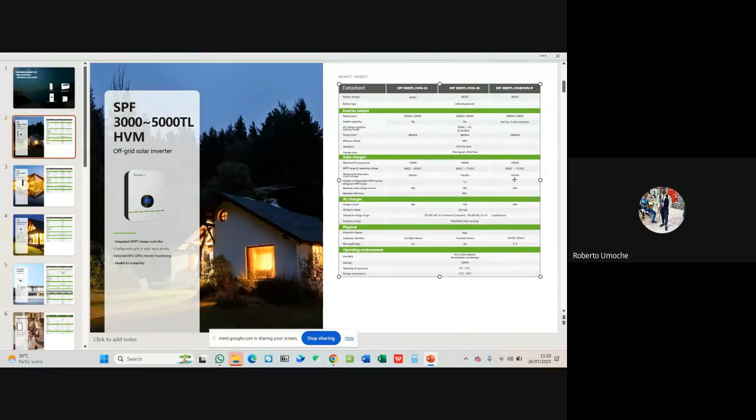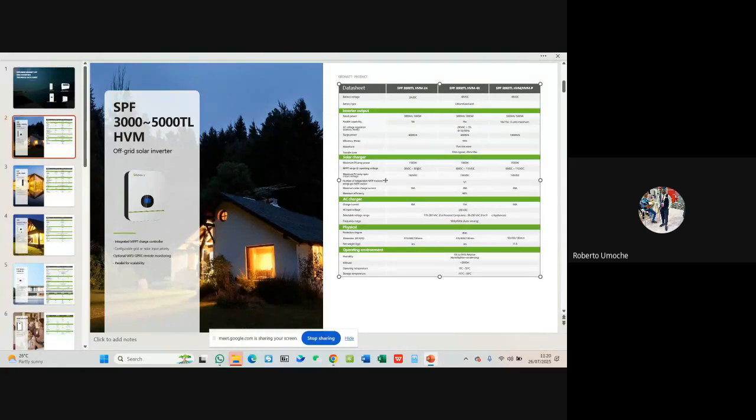On this particular point, most installers normally mistake this 5 kilowatt inverter for the SPF 5000 ES, which accommodates more power from the PV than this one. That one is a high voltage inverter. Meanwhile, for this one, the maximum we can go for this particular model is 145, which is indicated here.